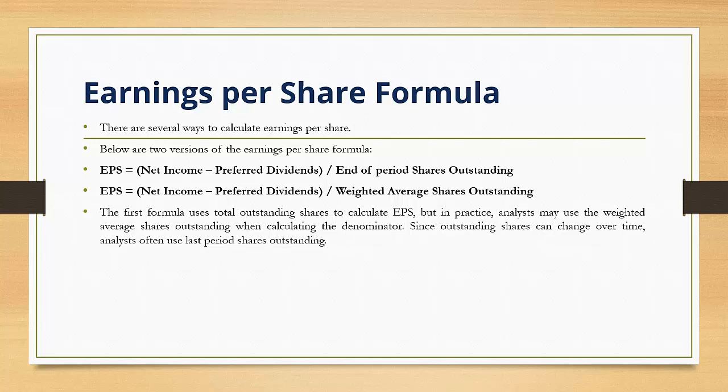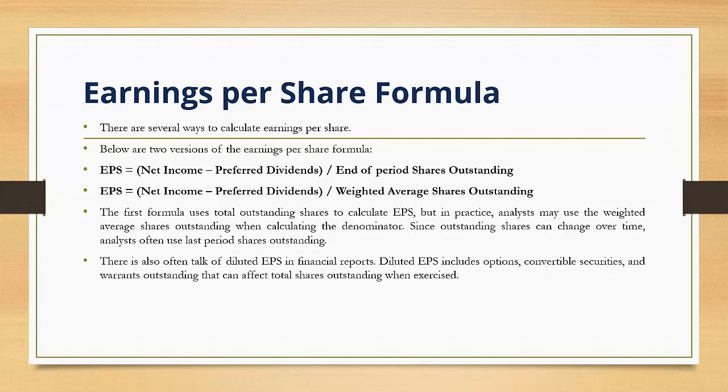The first formula uses total outstanding shares, but in practice, analysts may use the weighted average shares outstanding when calculating the denominator. Since outstanding shares can change over time, analysts often use last period shares outstanding.